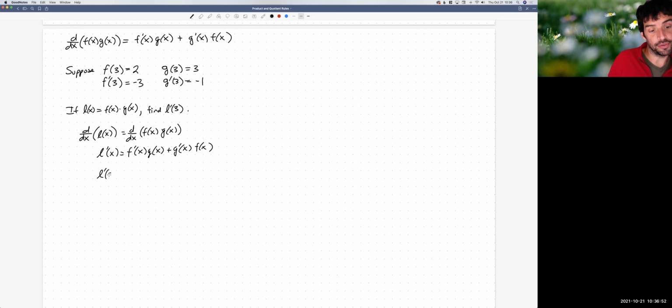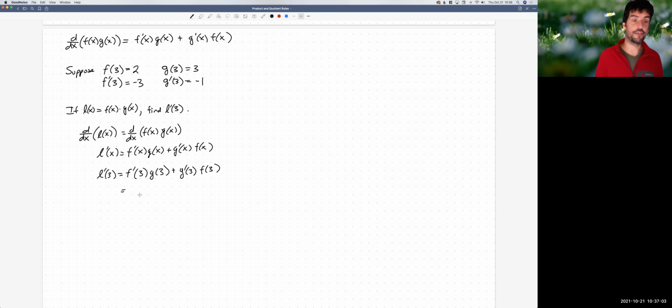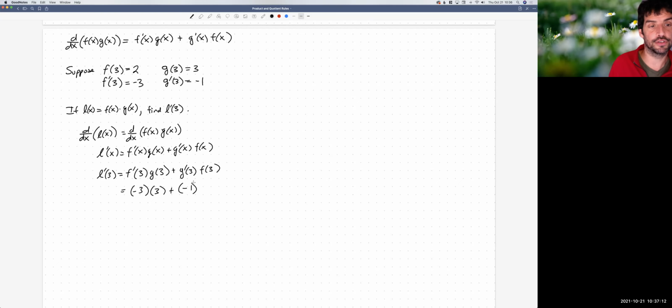Which means that L prime of 3 is equal to f prime of 3, g of 3 plus g prime of 3, f of 3. And we have all these values. F prime of 3, I'm just reading from above, is -3, g of 3 is 3, plus g prime of 3, which is -1, and f of 3 is 2. So we get -9 plus -2, or -11. And so L prime of 3 is -11.